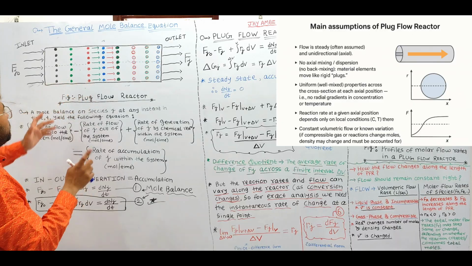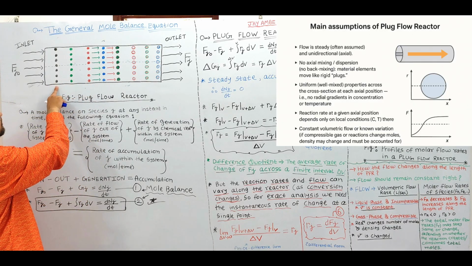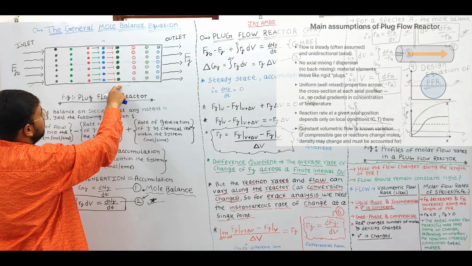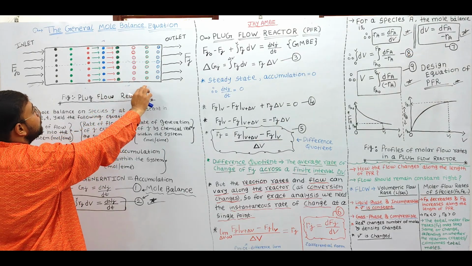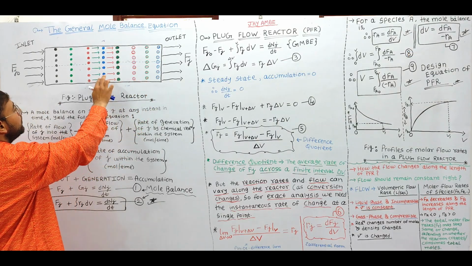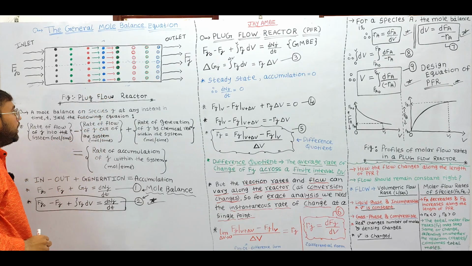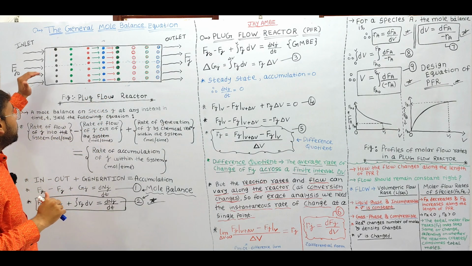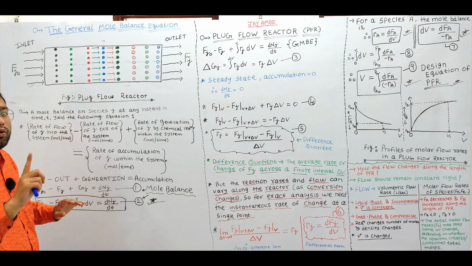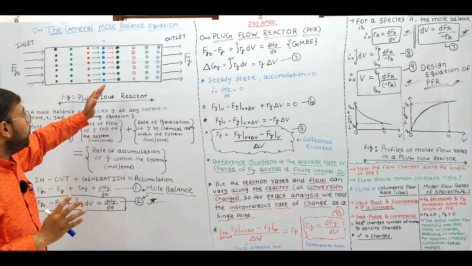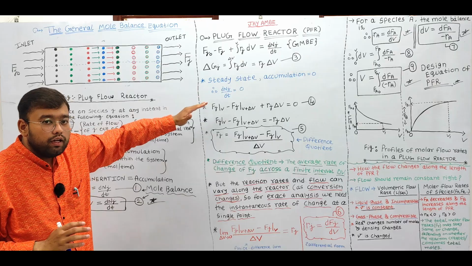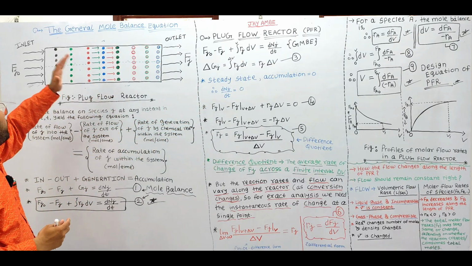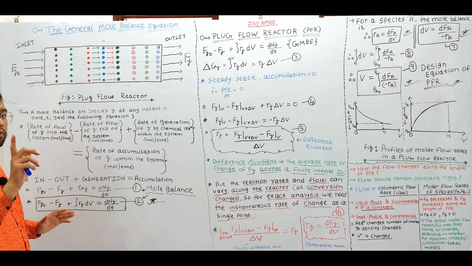Or vice versa, there will be no mixing of the first plug with the fifth plug, or of the seventh plug with the fourth plug, right? So in the axial direction, there will be no mixing of the fluid which is exiting the reactor and the fluid which is entering the reactor. I hope you have understood.